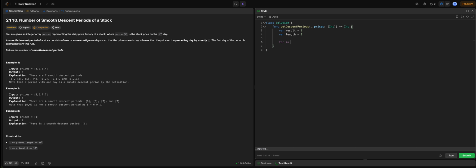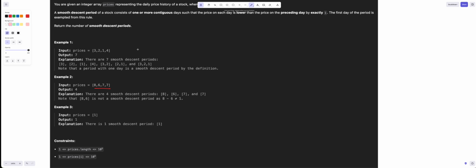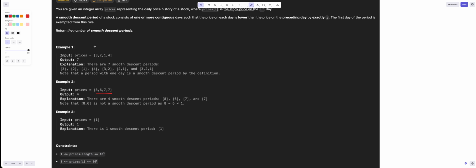And then what we're going to do is iterate from 1 to the price count. I'm going to do the evaluation: if the price at index is equal to the price at index minus 1, minus 1. So exactly, we are comparing the 2 indexes. Let's consider we receive the 2 indexes in here. So I'm at index 1, which is here, and then my index minus 1 is exactly here.